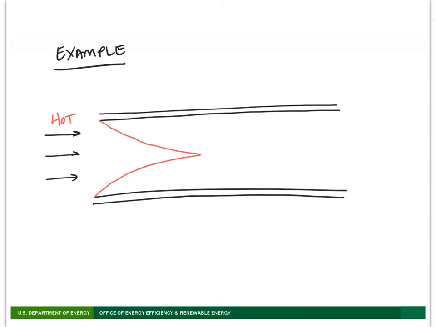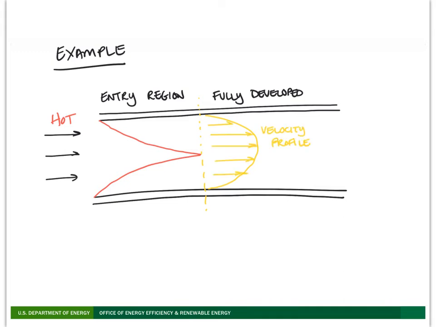And it'll start to converge, and then eventually we're going to have a transition. This transition is the fully developed region. It's the part of the flow where we have a fully developed laminar pipe flow, and everything is going sort of as we would expect it.